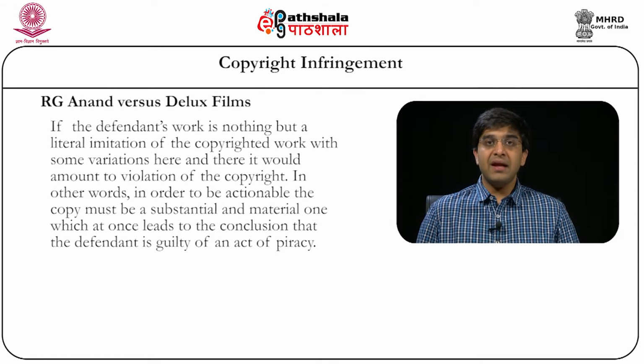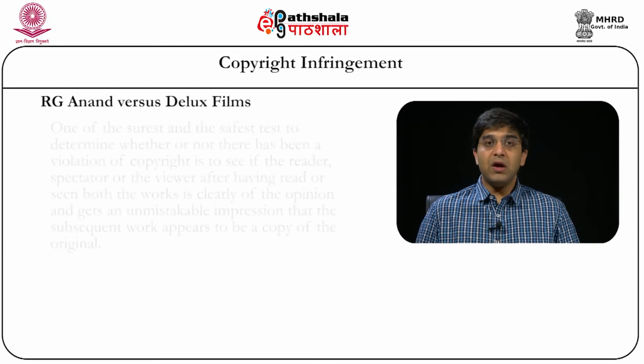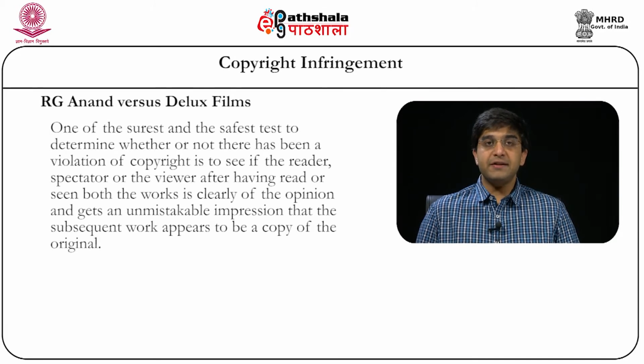Thirdly, and this is very important, the Supreme Court says that one of the surest and safest tests to determine whether or not there has been a violation of copyright is to see if the reader, spectator or viewer, after having read or seen both the works, is clearly of the opinion and gets an unmistakable impression that the subsequent work appears to be a copy of the original.